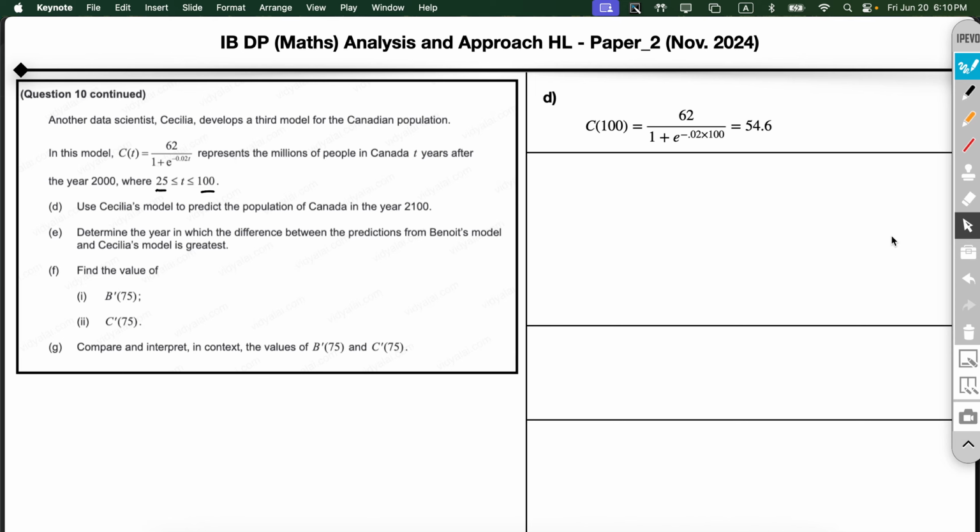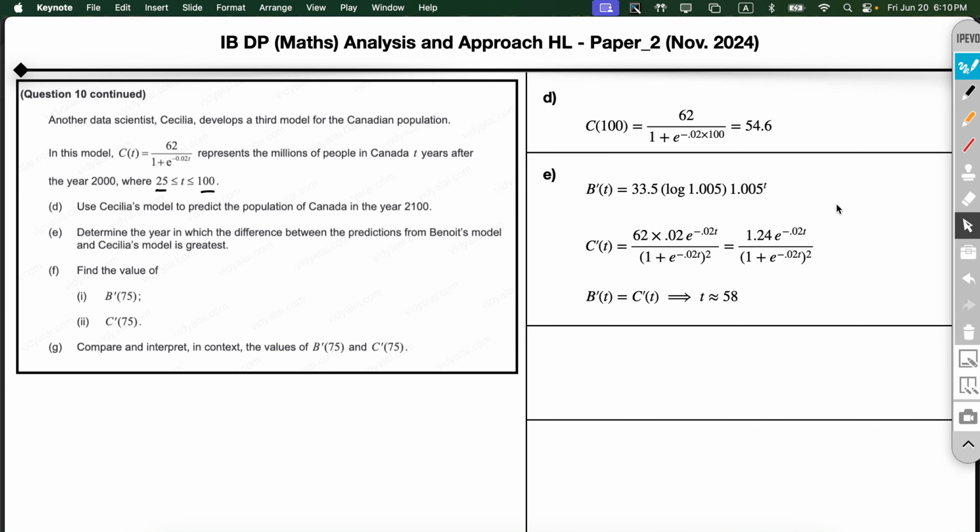Determine the year in which the difference between the predictions from Benoit's model and Cecilia's model is greatest. So we can calculate b prime of t, the rate of change of Benoit's model's population, and c prime of t, the rate of change of Cecilia's model's population.